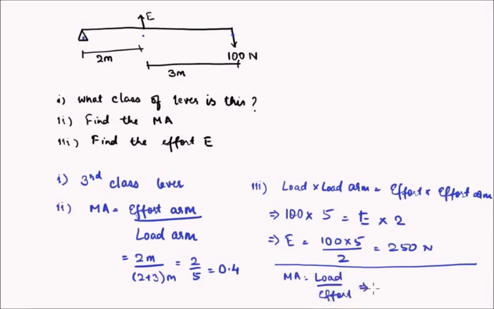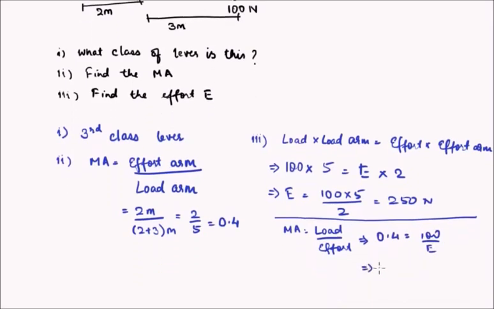If we use this, we will get 0.4 is equal to 100 upon E. If we simplify this, we get E is equal to 100 upon 0.4, which will give us the same answer as 250 Newton. So either of these methods can be used, and since this is the relation, it was obvious that a mechanical advantage of 0.4 hinted that the effort required has to be larger than the load.